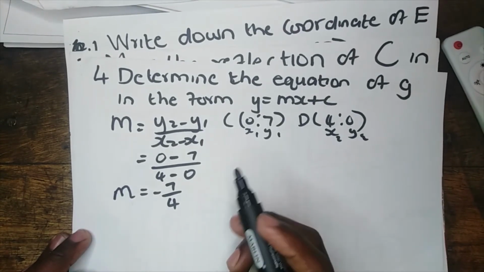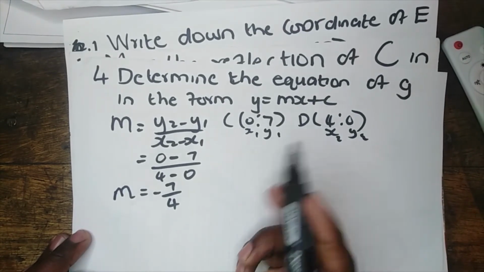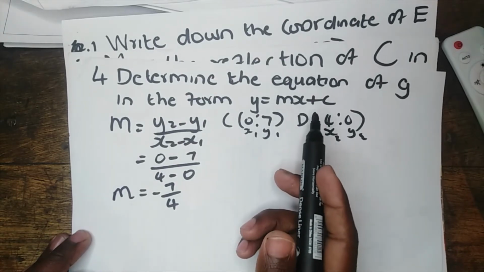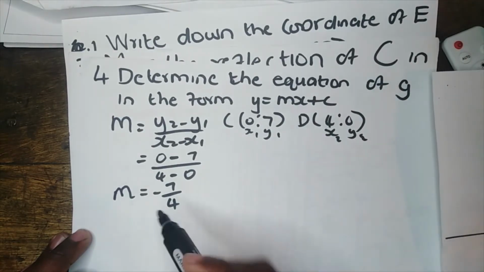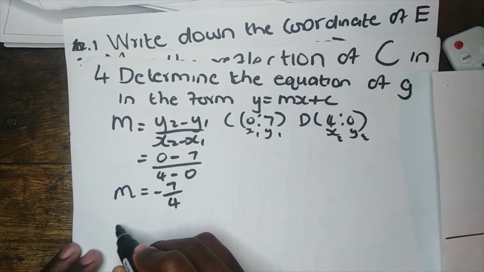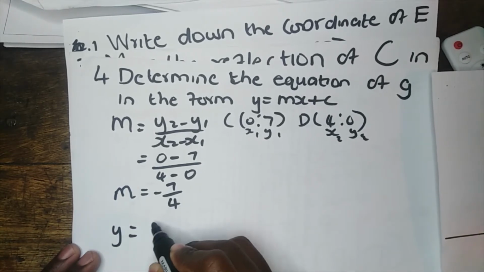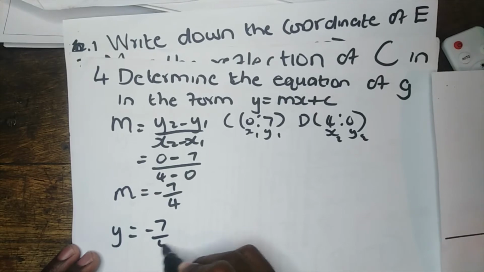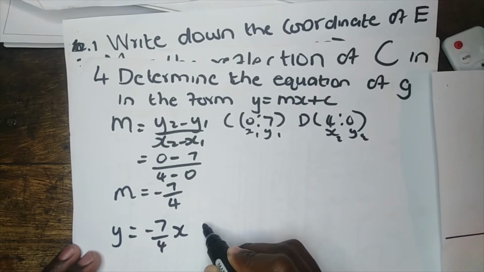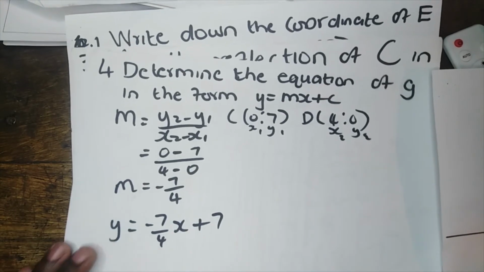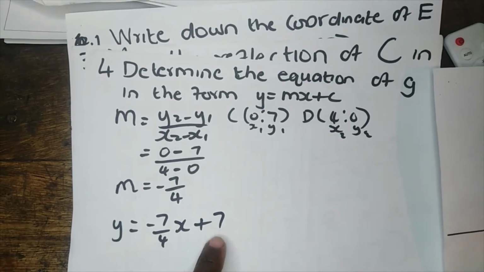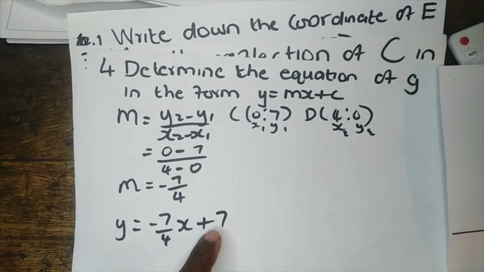So now we already have the gradient. So just write the equation. The equation is y equals negative 7 over 4 x plus c, and our c is 7. Right, 7 is c.